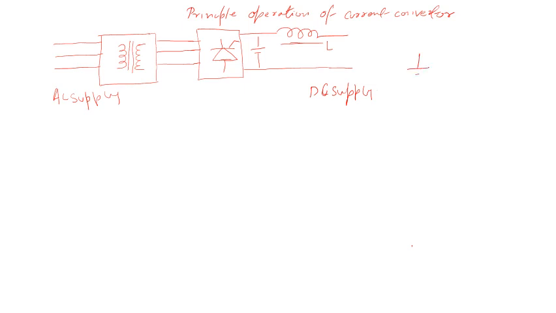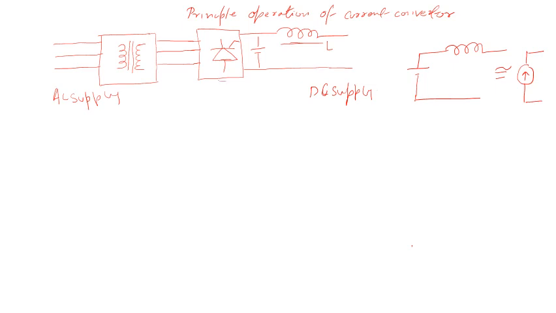So when you connect a DC supply or a battery in series with a large inductor, our circuit theory tells us that it will behave as a constant current source. So it behaves as a constant current source, right?